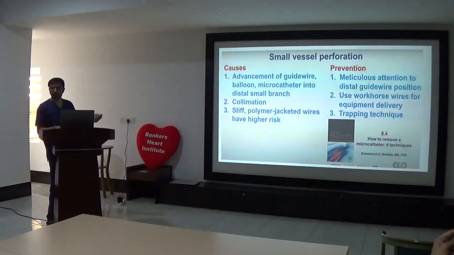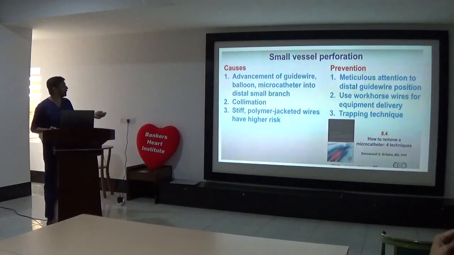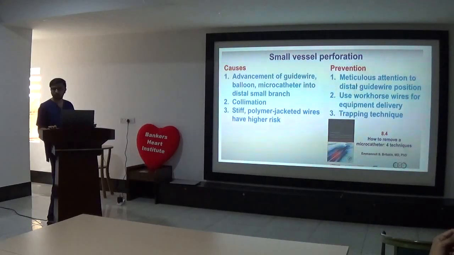Okay, after completing large vessel perforation, we are going to discuss small vessel perforation. In large vessels, causes are more or less hardware related, such as atherectomy devices. In small vessels, it is the same way: advancement of a guide wire, balloon or microcatheter into a distal small branch, or a polymer jacket wire.